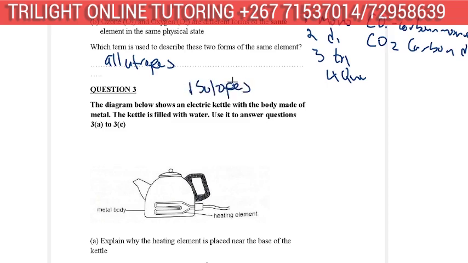Isotopes are those elements that have different neutron numbers but the same number of protons.